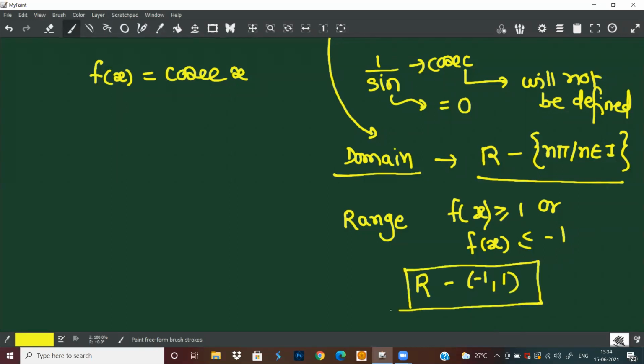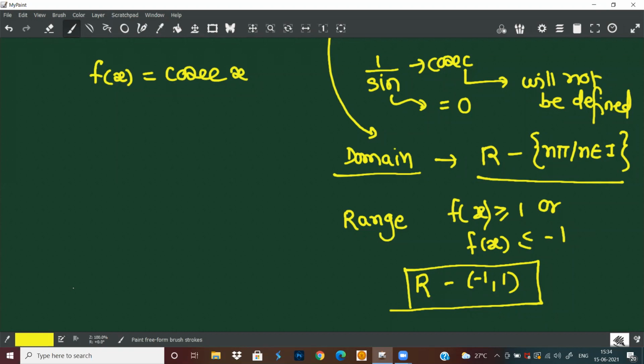Every real number except open interval, because what I say is -1 and 1 numbers are possible. So I cannot put rectangular bracket. And same will be the range for your sec. Only the domain will change. It will be odd multiples of pi by 2.